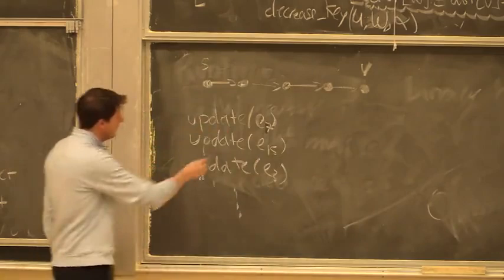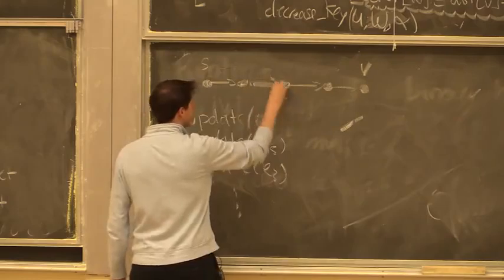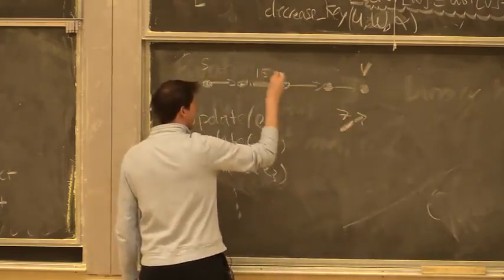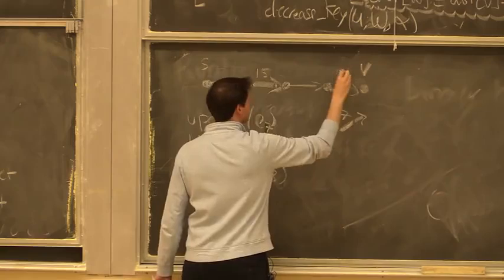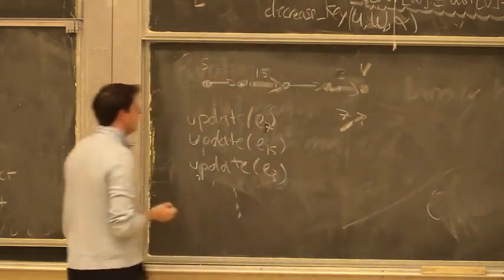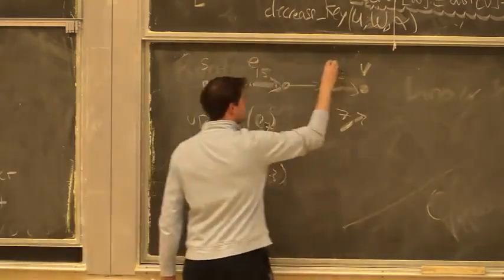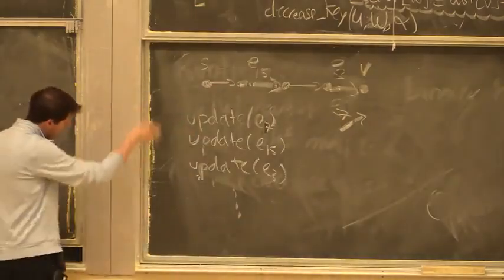And some of these edges, maybe edge 7 is here, edge 15 is somewhere else in the graph. Then it ends up being, I don't know, 3, okay? So this is edge 3. Not the lengths, the edges, okay?